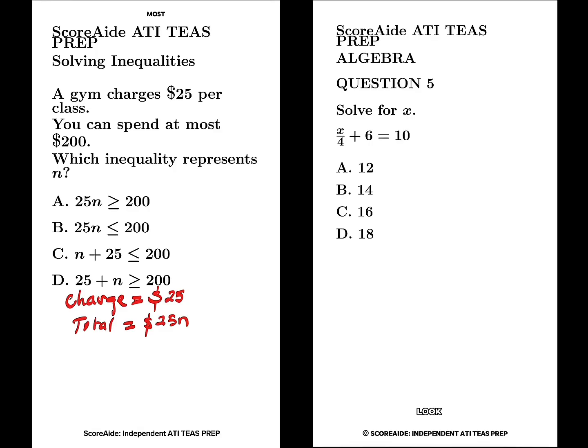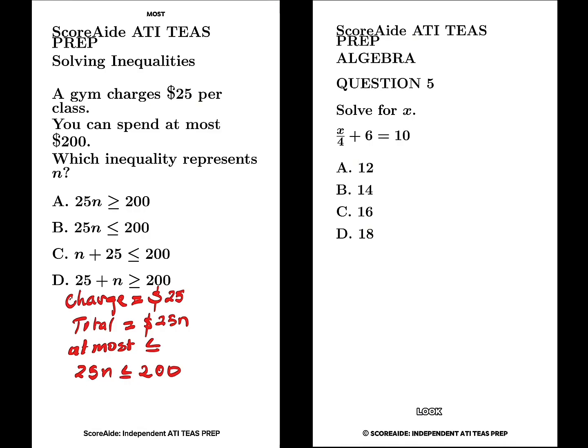Now, at most, in mathematics is less than or equal to, right? So at most means that you cannot spend more than $200. Just like the previous question. So this will just be 25n is less than or equal to 200, right? So that is it.